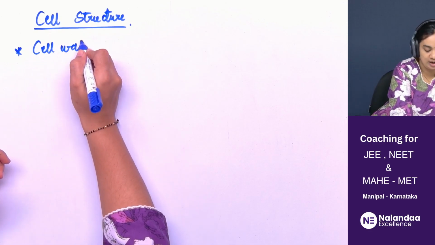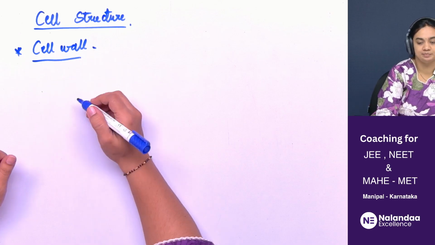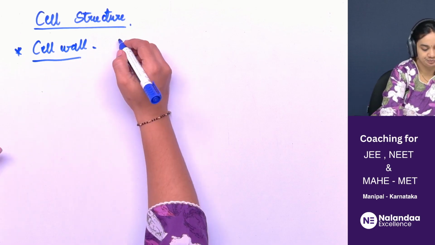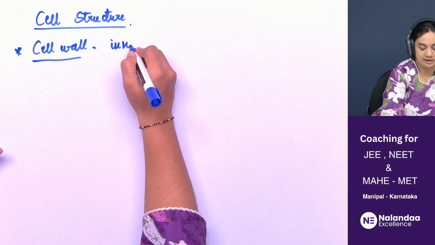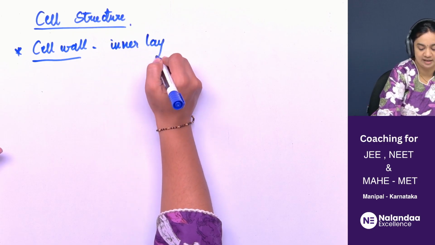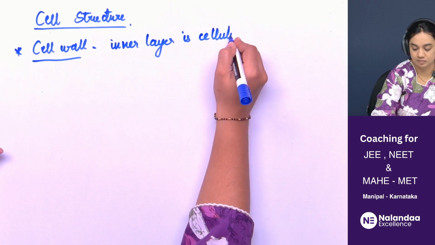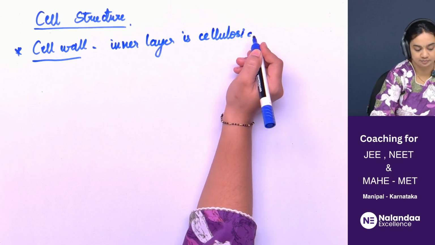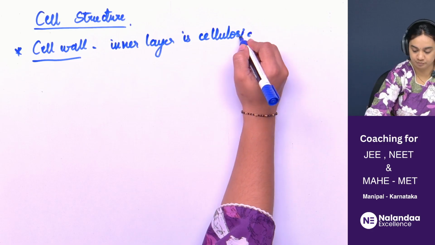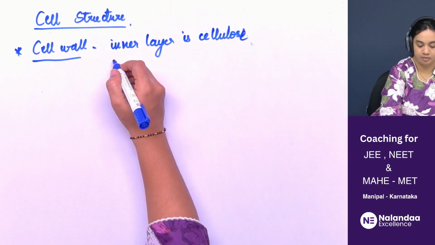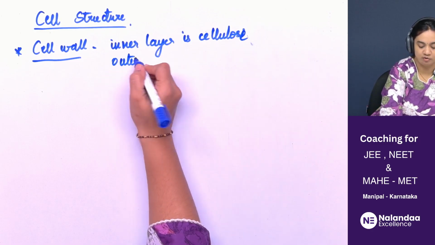Cell walls of algae are generally cellulosic, where the inner layer is cellulosic and the outer layer is made of pectose.